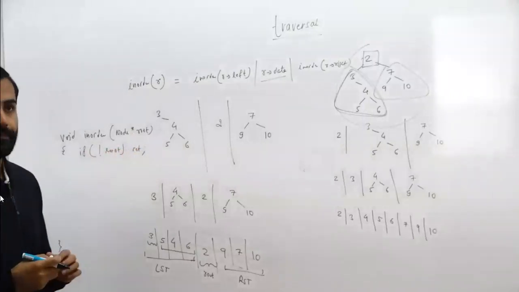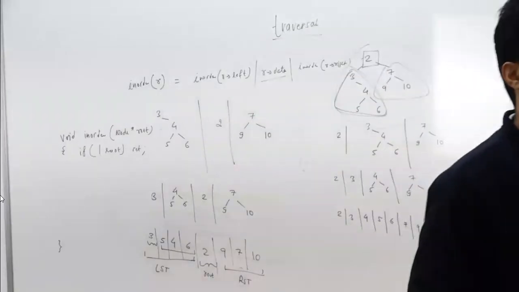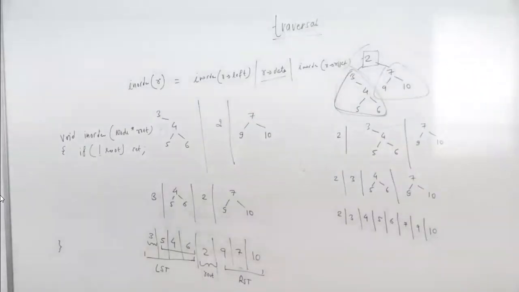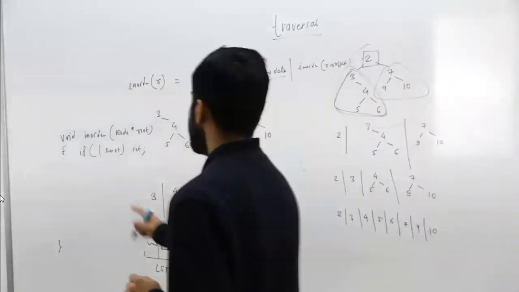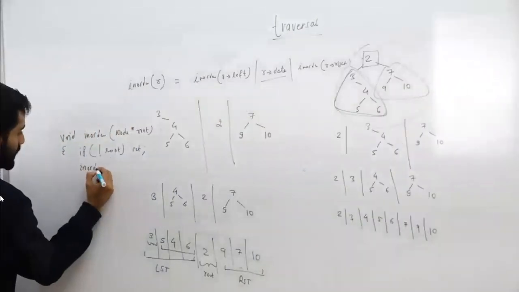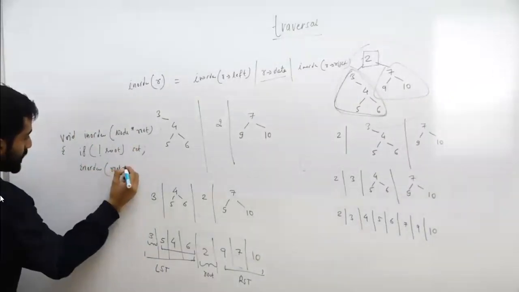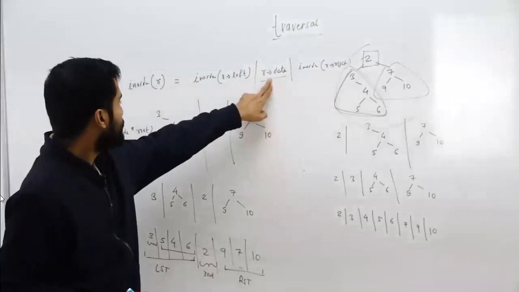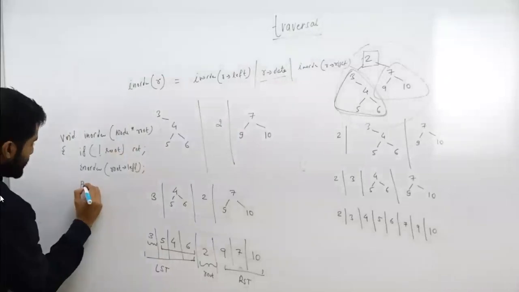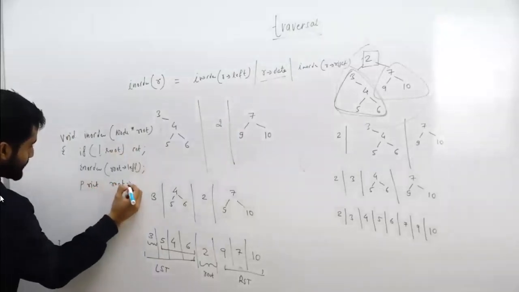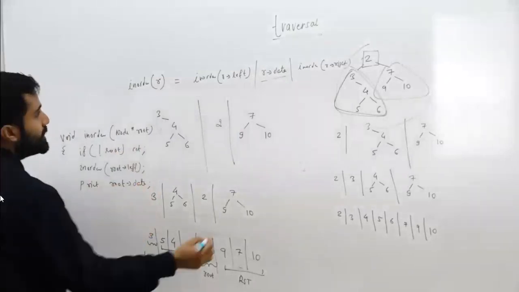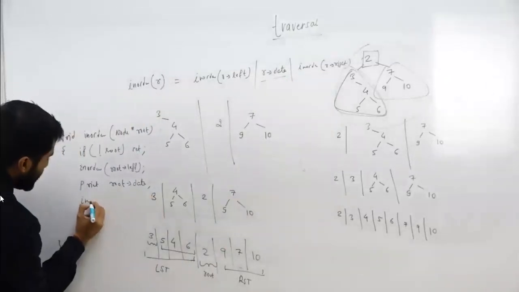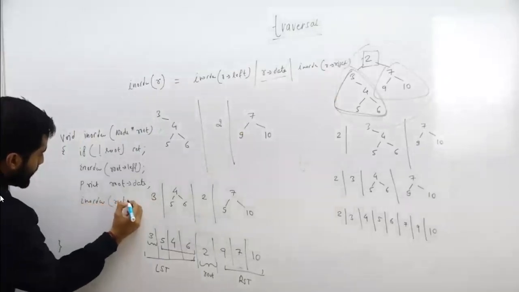Otherwise, what is the first step? The first step is to recursively call for the left subtree. Very good. So you will recursively call the in-order method for the left subtree, which is rooted at root left. What is the second step? The second step is to print the data present in this root. So you can print whatever data it has. And the final step is to recursively call for the right subtree. So you'll call inorder for root right.